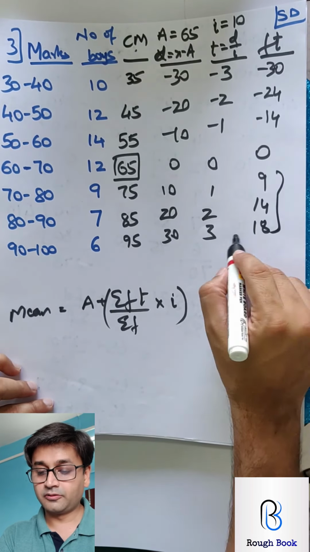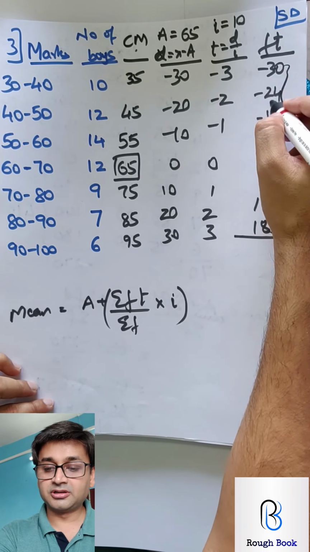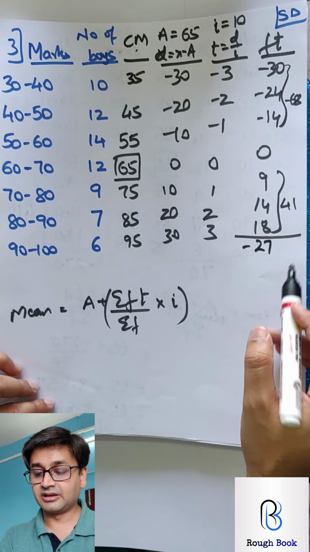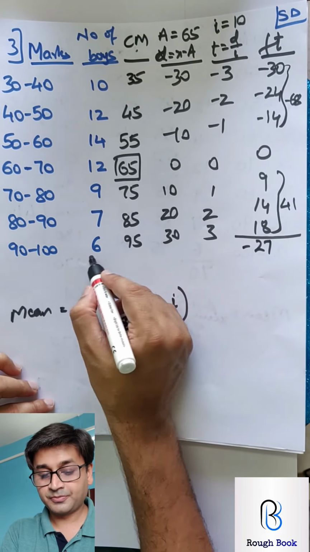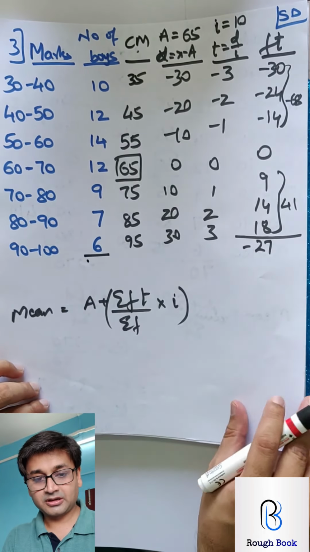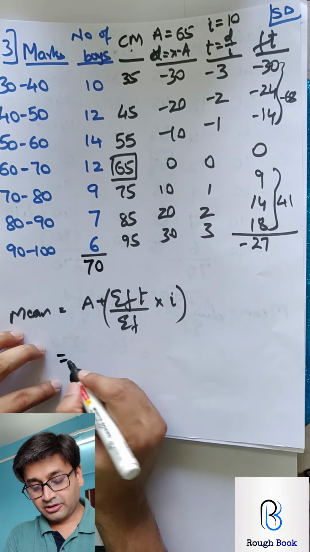So total over here is 10, 20, 32, 41 and the total here is 30, 40, 50, 60, 68. So the difference is negative 27, correct? 40, 50, 67. And here we know that the total was how much? 70, I guess, correct? Let me check, cheating, sorry, 70. So this is 70. So now A is how much?